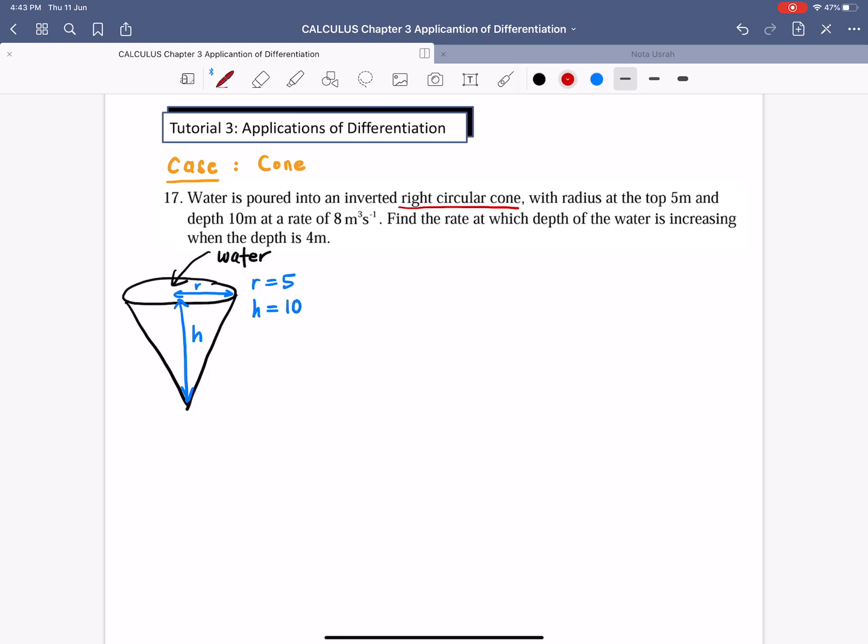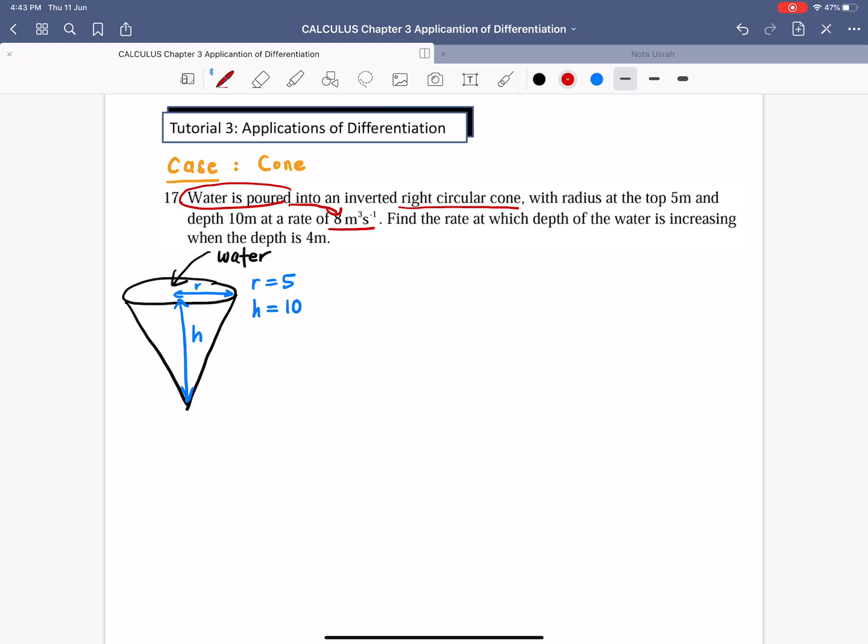We have here 8 meter cube per second, where this value is the rate at which water is poured. So that means that is the rate of the volume of the water poured into the cone.